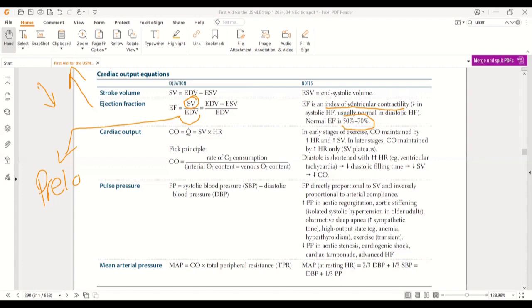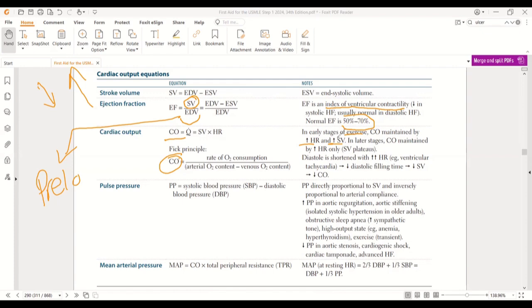So the cardiac output is basically stroke volume multiplied by the heart rate. This is another principle, the Fick principle. The Fick principle states that cardiac output equals the rate of O2 consumption divided by the arterial O2 content minus venous O2 content. In the early stages of exercise, cardiac output is maintained by both heart rate and stroke volume.